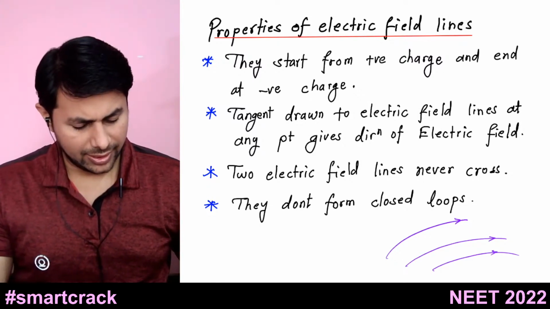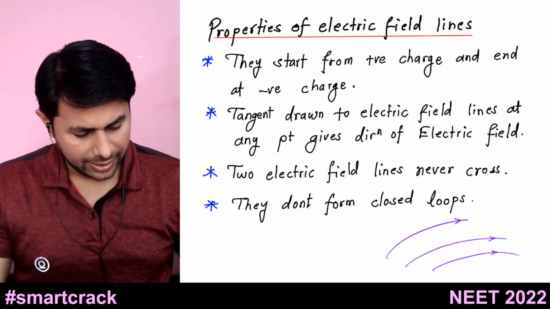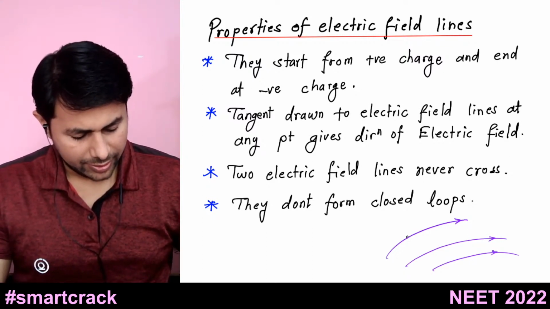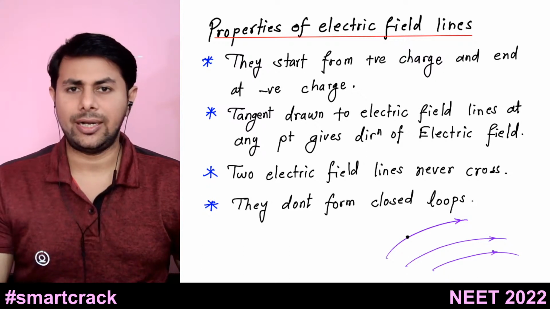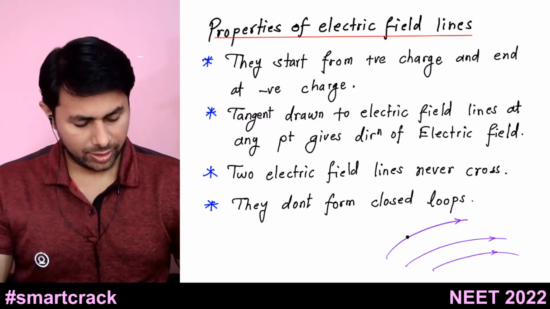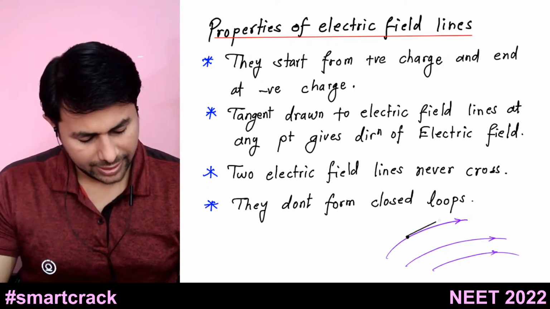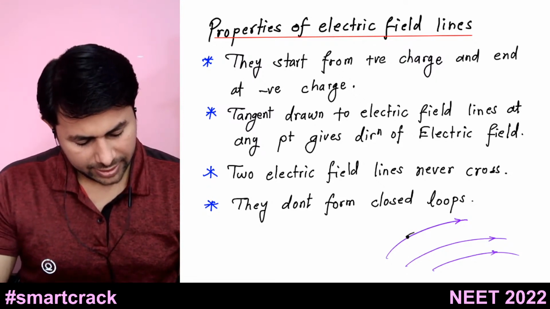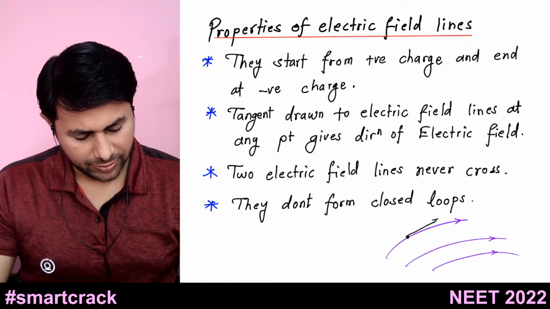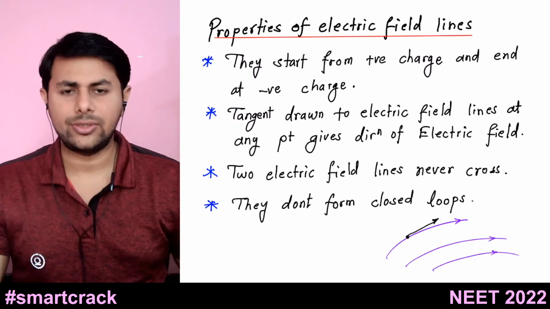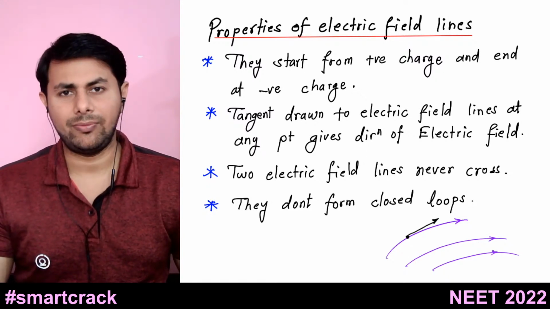If you want to find the electric field at a particular point, you will draw a tangent to the electric field line at this point. This tangent will give you the direction of electric field at that point.